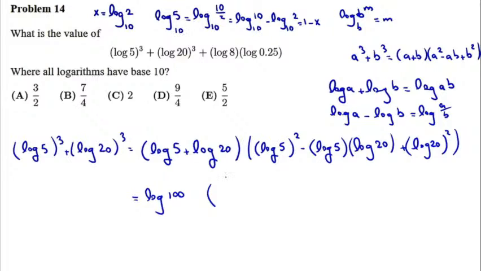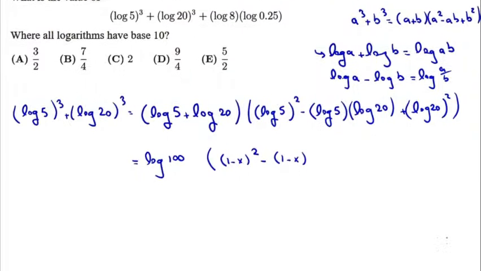Now here, log 5 squared is 1 minus x squared, and log 20 is what? Log 20 is log 4 times 5, which is log 4 plus log 5.